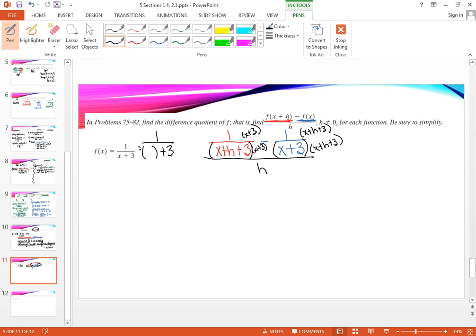Okay, let's clean that up. So we get (x plus 3) minus (x plus h plus 3) over common denominator of (x plus h plus 3)(x plus 3), all over h. Good grief. Right? All right, so let's go at that numerator, see what we can do.